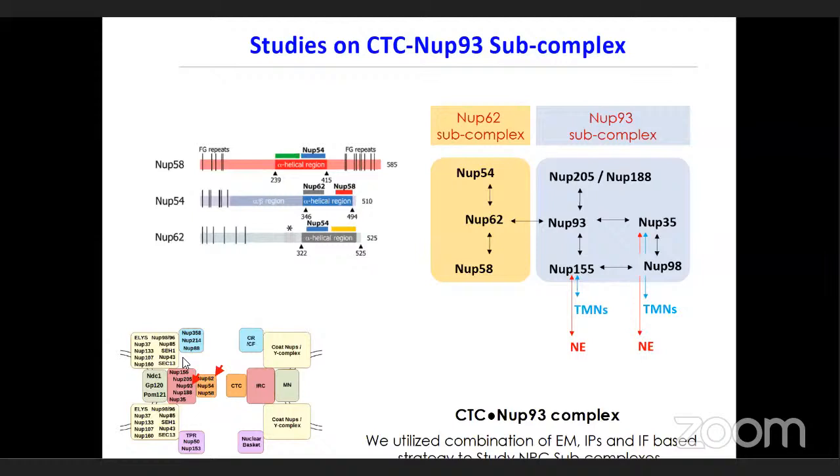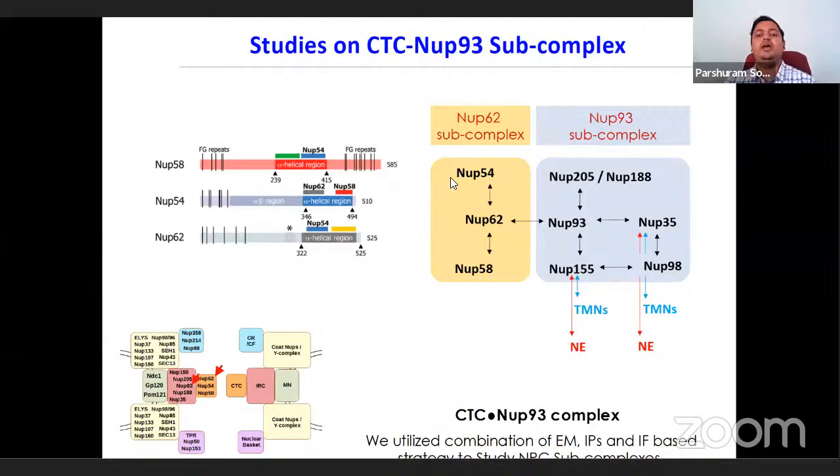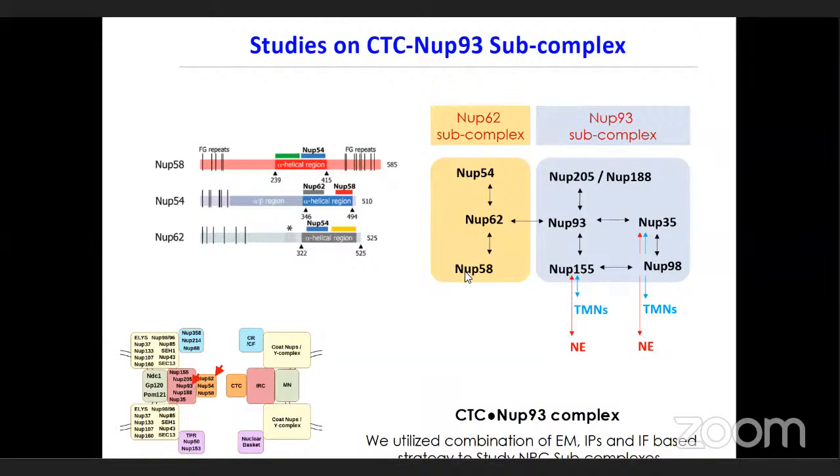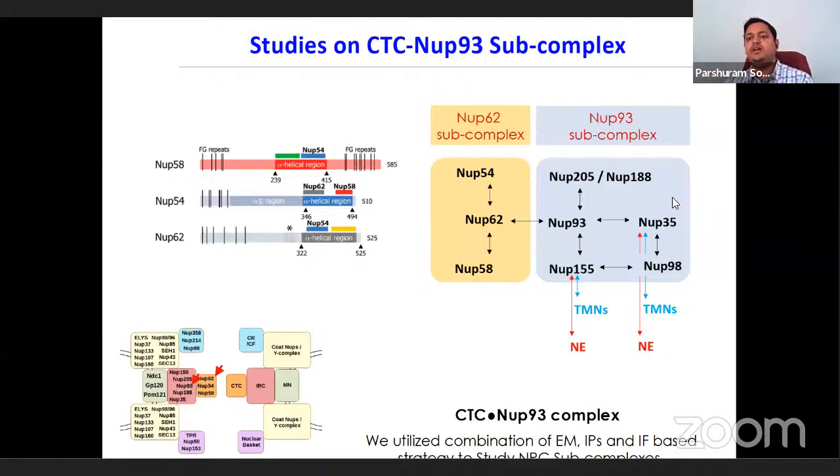I think I showed you this figure, and you remember this is present on the central plane of the nuclear pore complex. This region is shown amplified here, where you can see that NUC53, NUC62, NUC58 interact with each other. This complex interacts with another subcomplex known as the adapter complex.